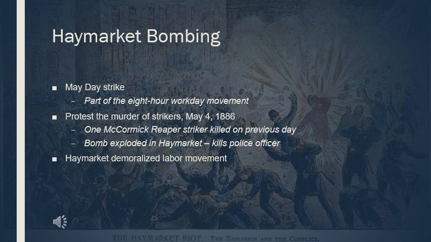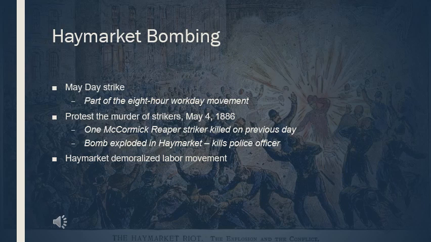The mayor was even out there and spoke at the event, but the police officers thought that it was getting a little unruly, and they tried to break it up. And when they did that, one of the strikers was murdered. Okay, a police officer shot into the crowd, and he had been killed.